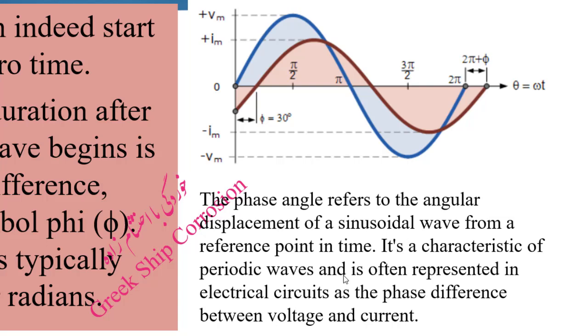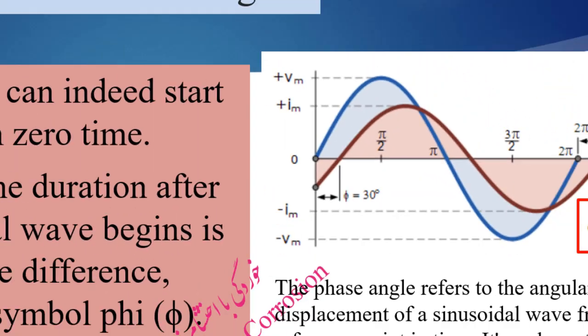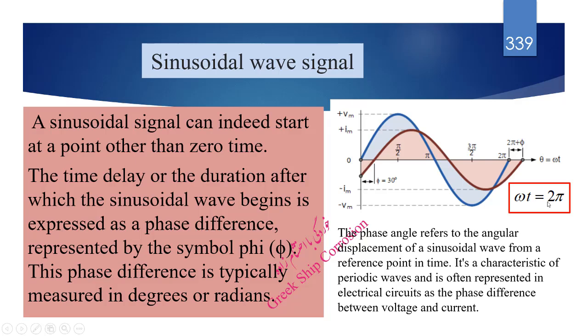It is a characteristic of periodic waves and is often represented in electrical circuits as the phase difference between voltage and current. This is the voltage wave and this is the current wave in this figure, and phi is equal to 30 degrees. Omega times t equals 2 times pi.